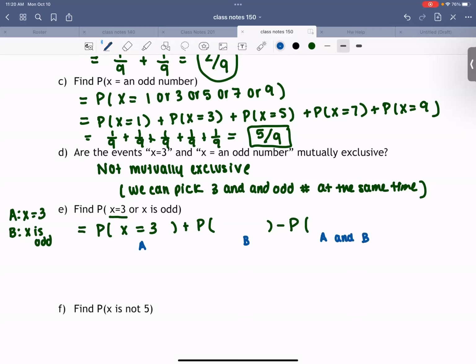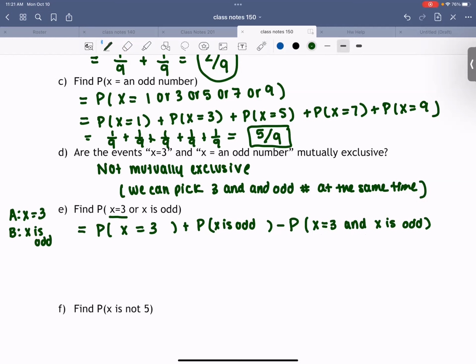So B is x is odd. I can just stick that in my formula. Then A and B is just putting them together with the and in the middle. So this is x equals 3 and x is odd. Do we all agree that the formula gives us this? Okay, good.